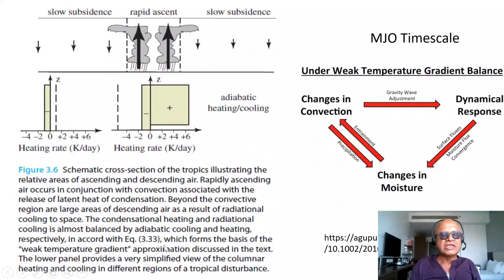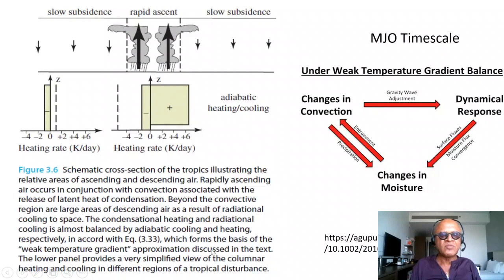So the condensational heating and radiational cooling is almost balanced by adiabatic cooling and heating respectively, given by equation 3.3, which we will look at. This forms the basis of the weak temperature gradient approximation that's discussed in the text.